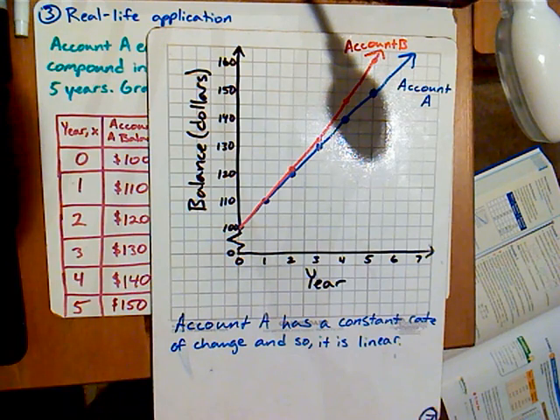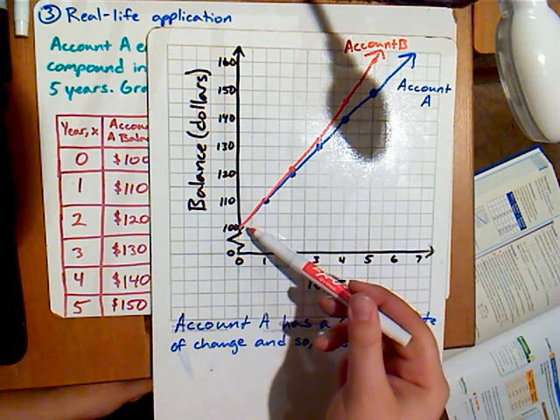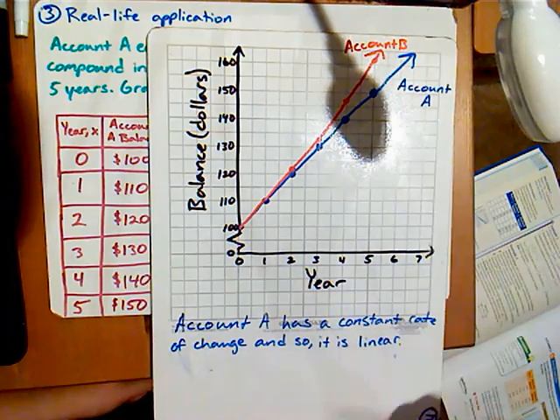Account B does not have a constant rate of change, so it's increasing by different amounts each year.